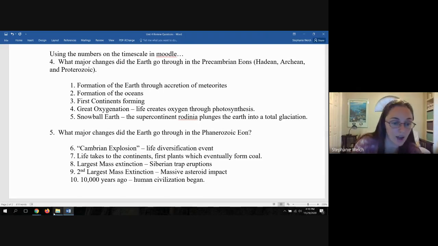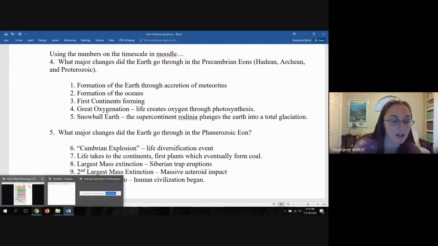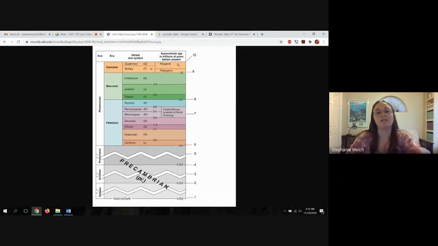So if anything, kind of going back and looking at this time scale and knowing that human civilizations didn't begin until 10,000 years ago, which is so close to the top of the scale that it's indistinguishable from this top line, and the human species didn't originate or even begin to form until, you know, maybe 7 million years ago, and that's pretty indistinguishable from that top line as well.